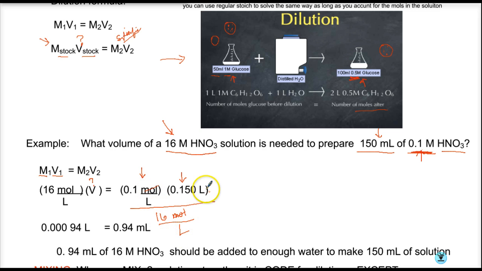The denominator, if I flip it around, is going to cancel with this one. It's going to tell me the liters. So if you wrote it all out, you would see that. 0.00094 liters is what I need.